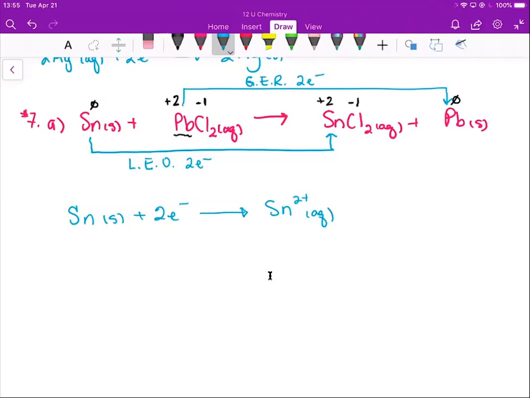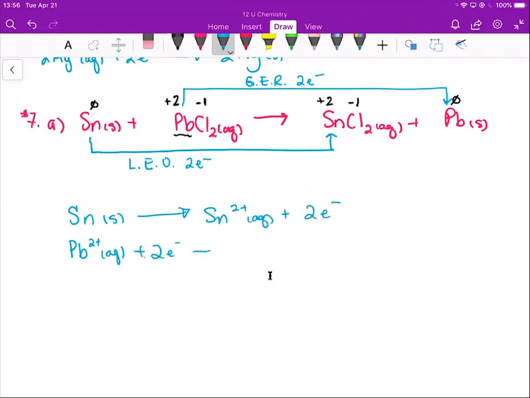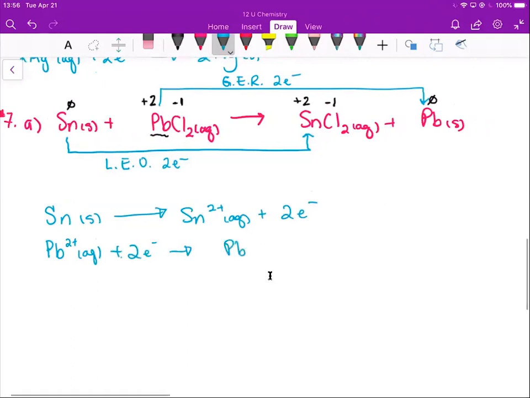It's not part of the redox reaction. It's not being reduced or oxidized. Sorry, I wrote this one wrong. Tin is going to lose 2 electrons and become a cation, and then lead is going to gain the electrons and become solid. It's being reduced. Okay.